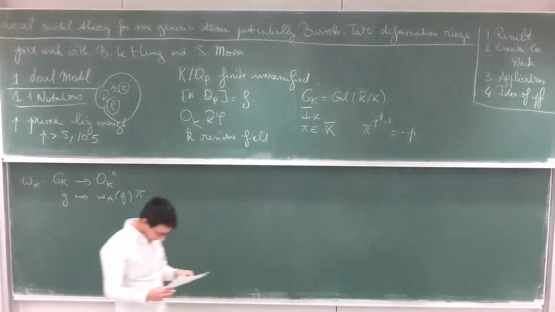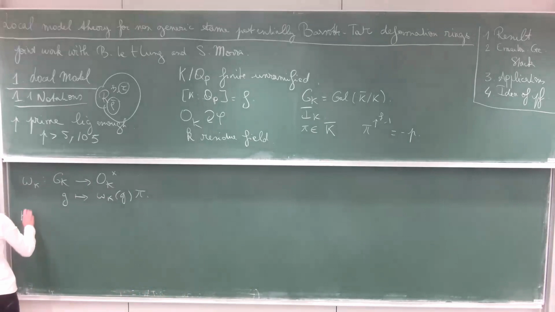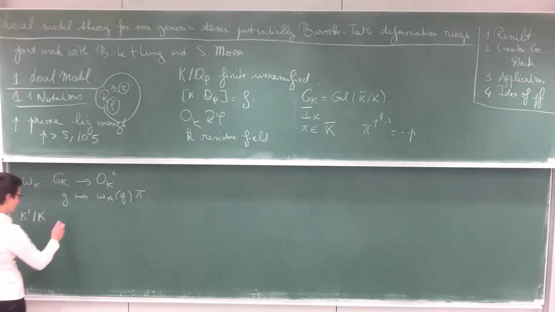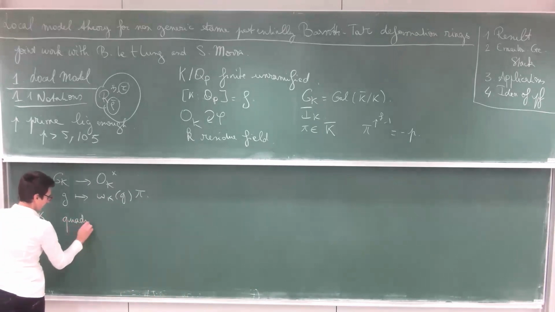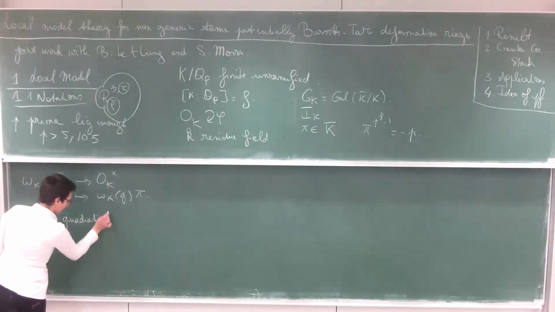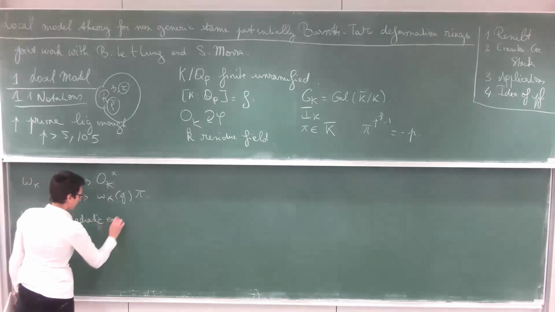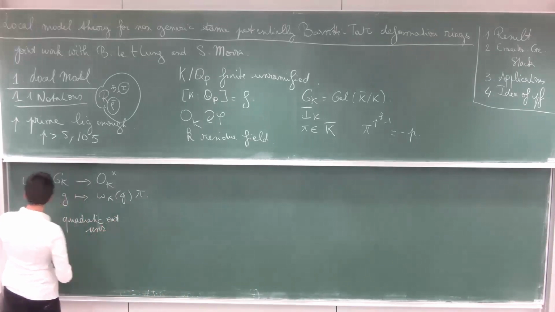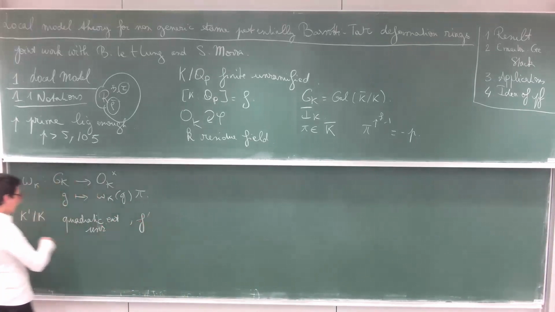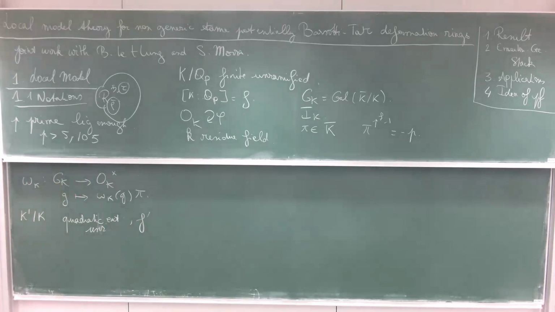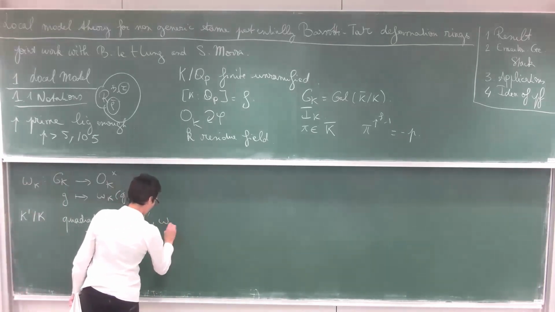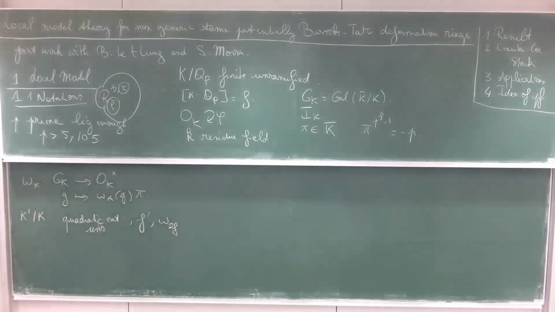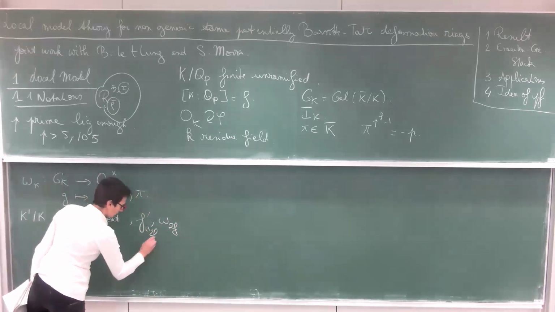And it works also if I take for K' an unramified extension of degree f'. So I will denote f' the degree of K', O_K' the ring of integers, p' and everything. So you can imagine that you have also this kind of element.